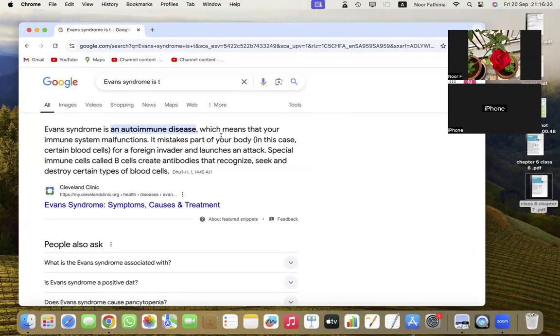Evans syndrome is an autoimmune disease, which means that your immune system malfunctions. It mistakes part of your body, in this case certain blood cells, for a foreign invader and launches an attack. Special immune cells called B cells create antibodies that recognize and destroy certain types of blood cells.